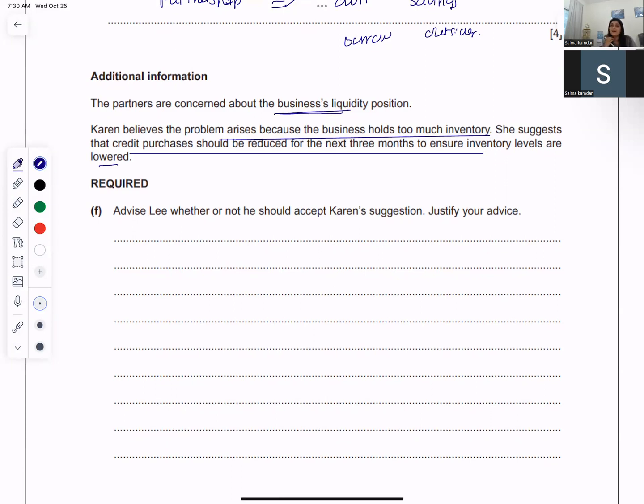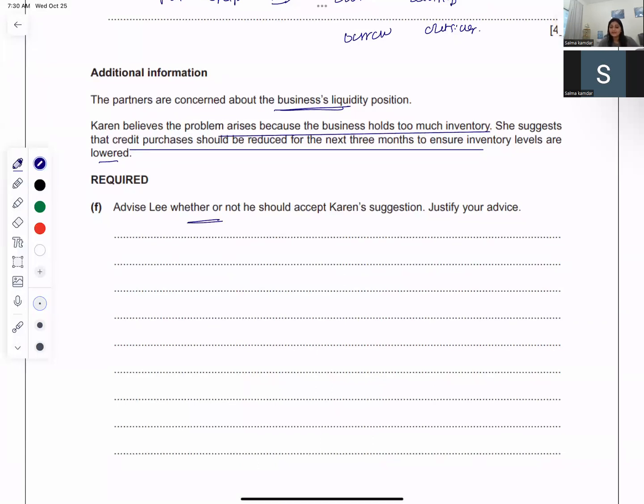Money is tied up in the inventory, so reducing credit purchases lowers inventory and gives the business good liquidity. Advise Lee whether or not he should accept Karen's suggestion.